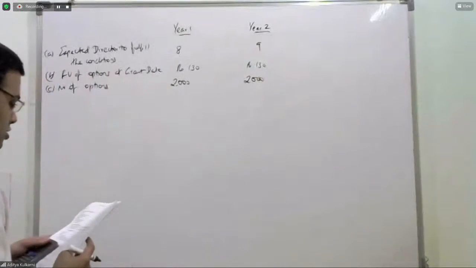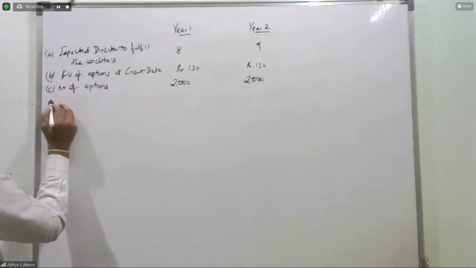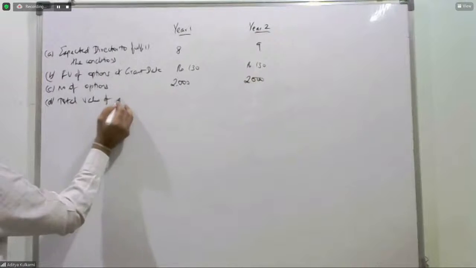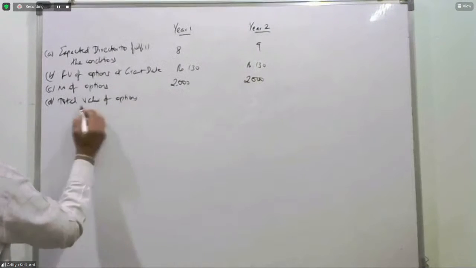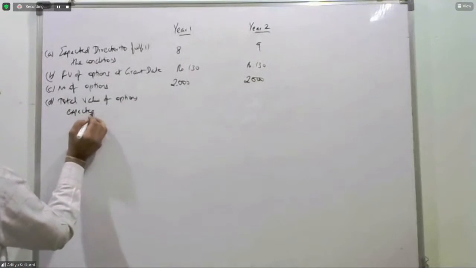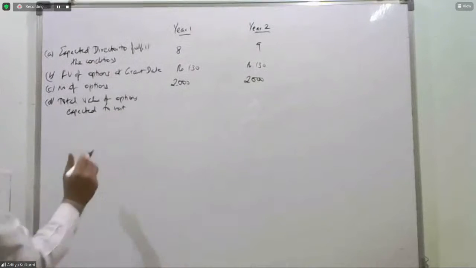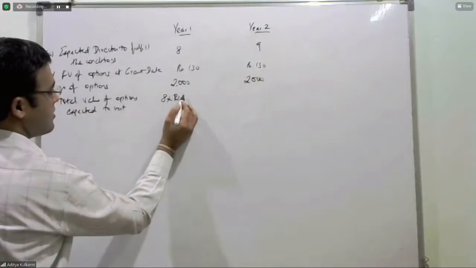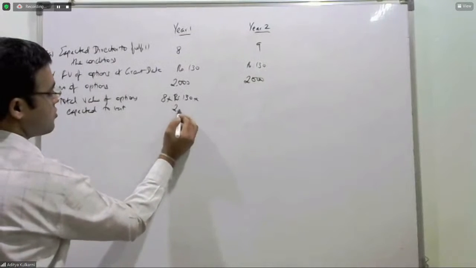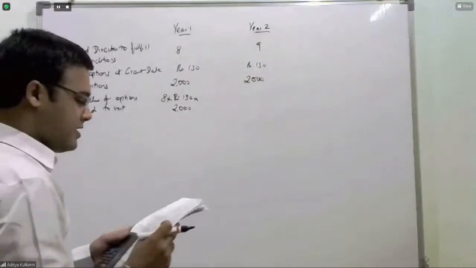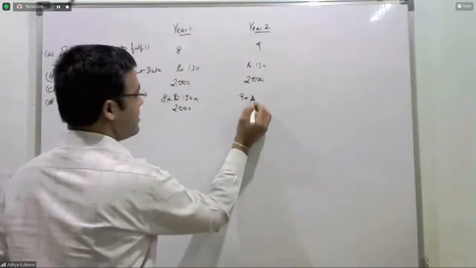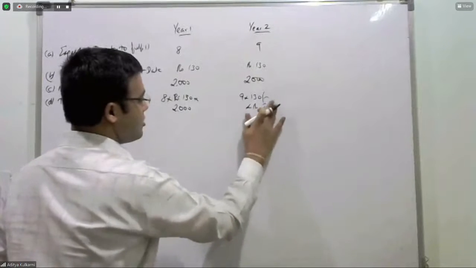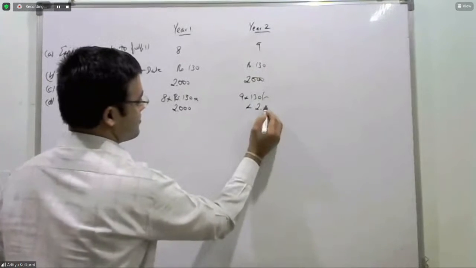So therefore, total compensation expenses, total value of options expected to vest, is how much? 8 into rupees 130 into 2000 options, and this would be 9 into 130 rupees into 2000 options.